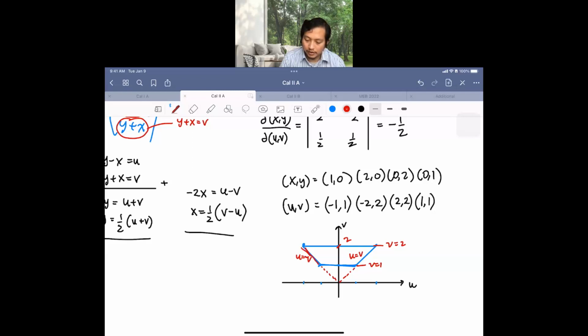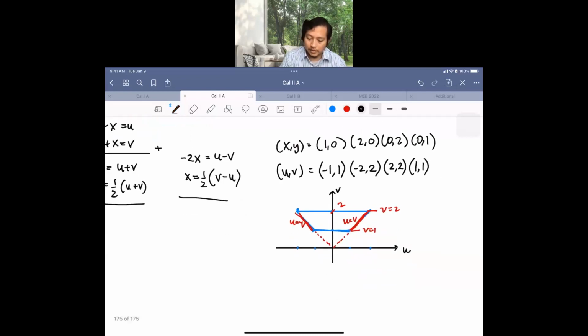So this line here, and this line here. So we can simply say that v is from 1 to 2, and u is from negative v to v.